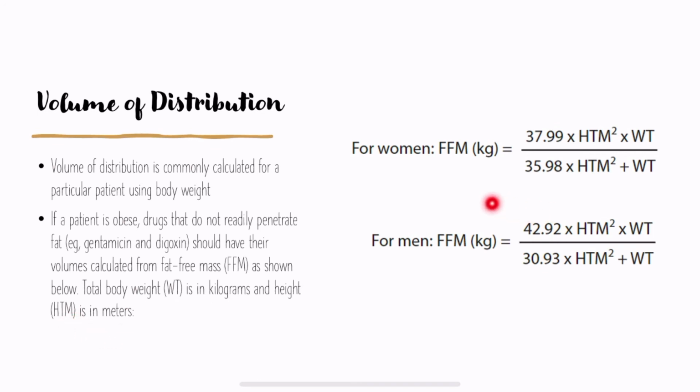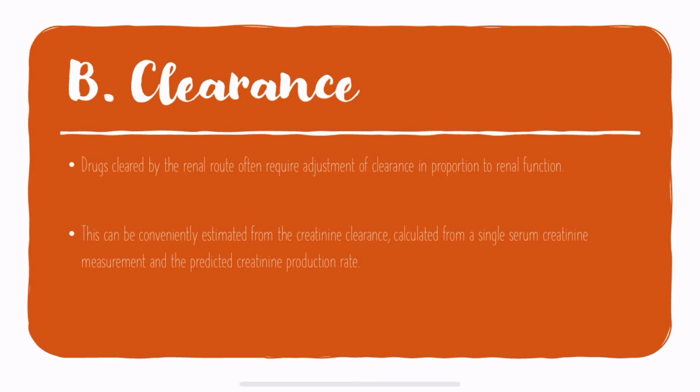So, for women, the formula is 37.99 times height in meters times total body weight, divided by 35. That is the volume of distribution. And this is for men, as you can see. So, clearance: drugs cleared by the renal route often require adjustment of clearance in proportion to the renal function. This can be conveniently estimated from the creatinine clearance calculated from a single serum creatinine measurement and the predicted creatinine production rate.